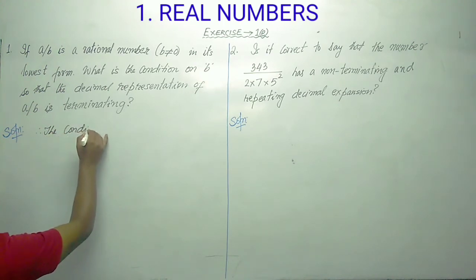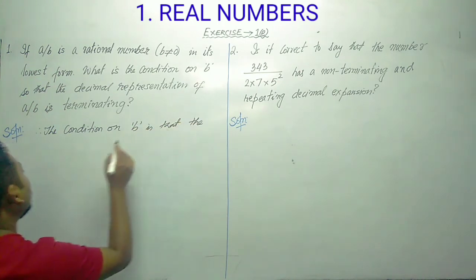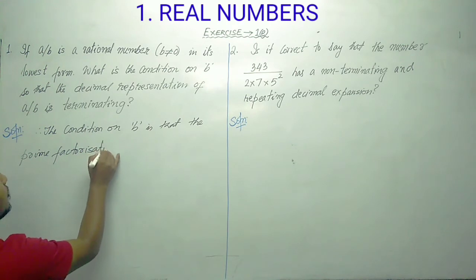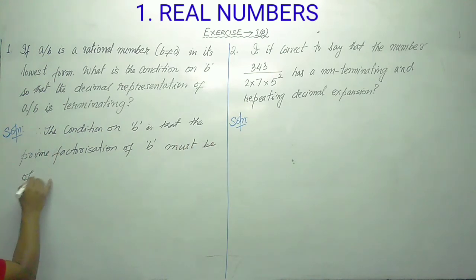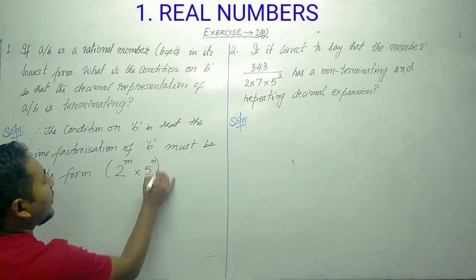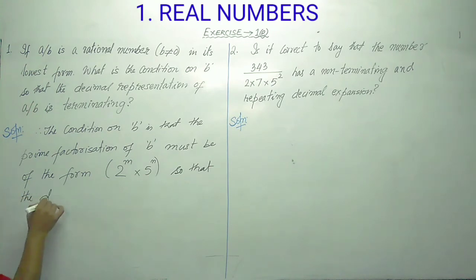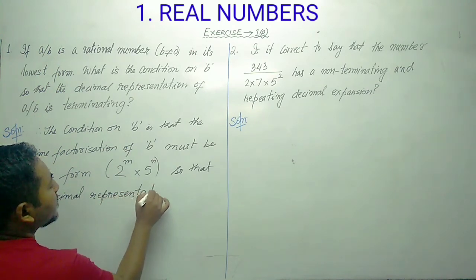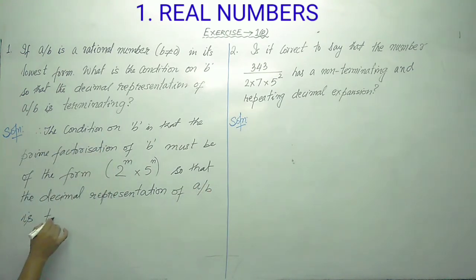Therefore, the condition on b is that the prime factorization of b must be of the form 2 to the power m into 5 to the power n, so that the decimal representation of a by b is terminating.